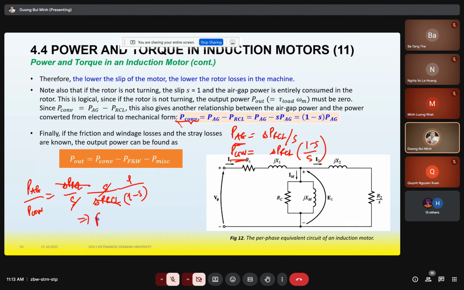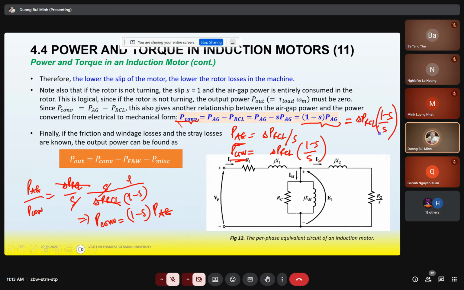So P_convert equals (1 minus S) times the air gap power. So P_convert equals P_air gap times (1 minus S), or equal to delta P_RCL (1 minus S) over S. Okay, it's up to you.